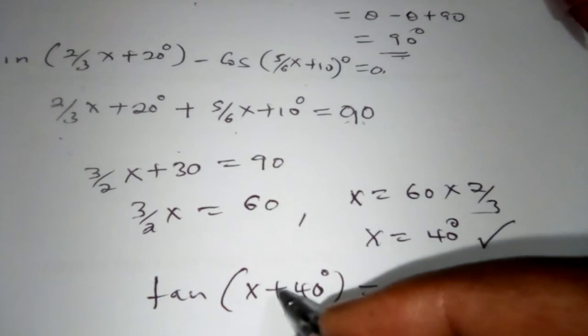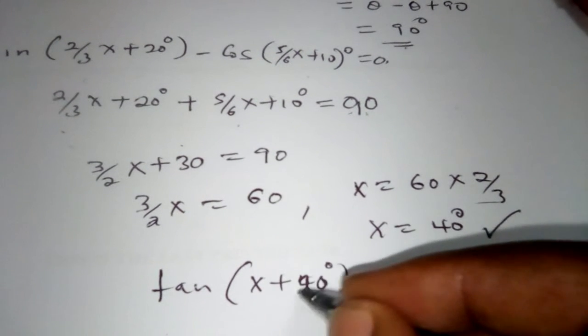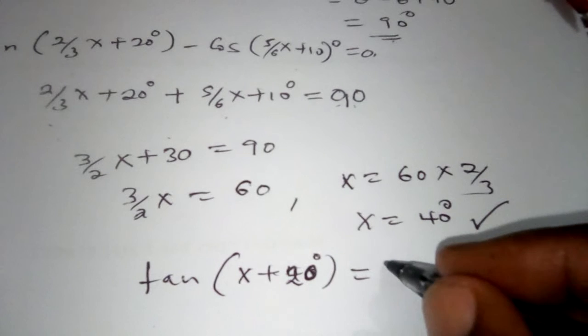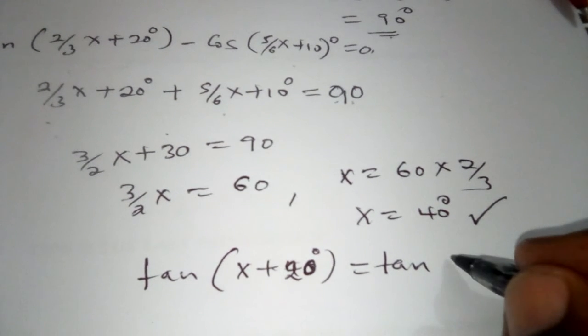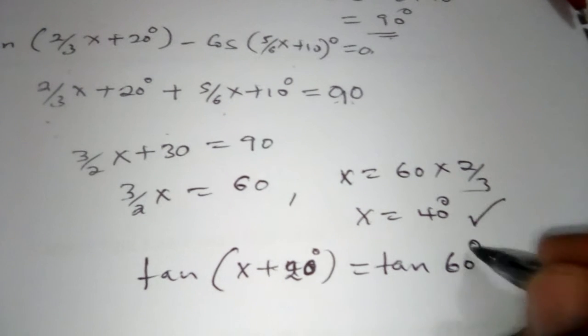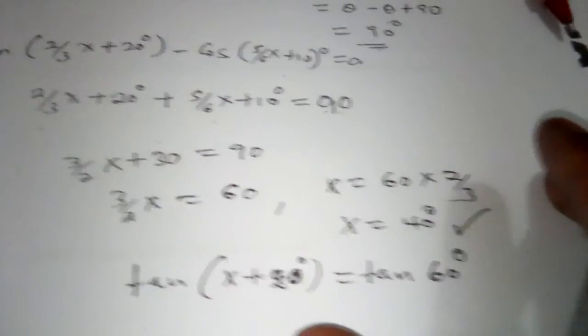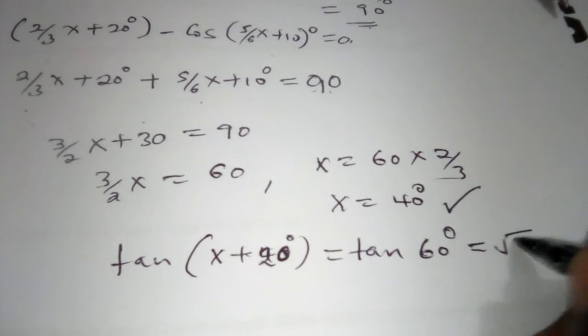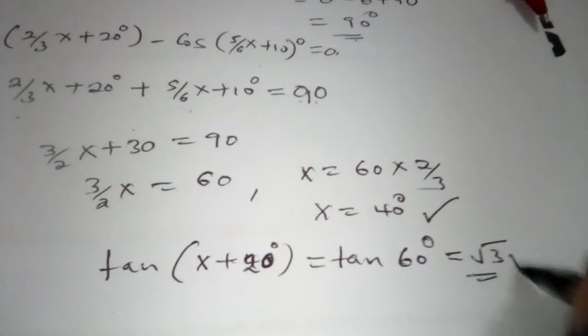Not 40 but 20 here. So tan of x plus 20, where x is 40, gives me 60 degrees, and this is one of the special angles, and you know that comes out as root 3. So that becomes the answer to our question.